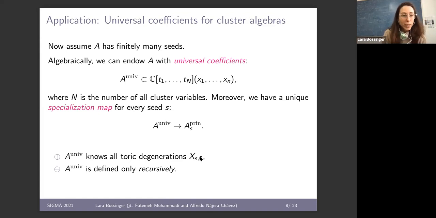So we get a different principal coefficient algebra for every different seed. So for example, for the Grassmannian Gr(2,n), we will have one for every triangulation of the n-gon. And a priori, they will all define different toric degenerations of the Grassmannian. In the end, there are going to be many isomorphisms, but that's kind of okay.